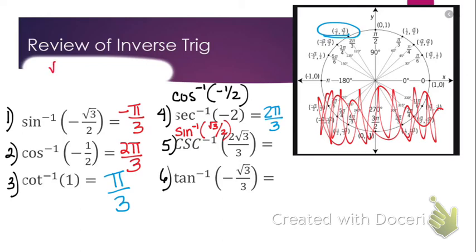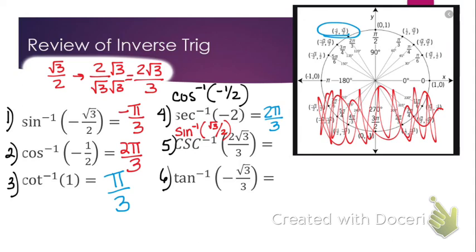If you have positive square root of 3 over 2, and then I flip that and rationalize it, that's where you get 2 root 3 over 3. So 2 root 3 over 3 is the reciprocal of the square root of 3 over 2. So if cosecant is 2 root 3 over 3, then that means sine is positive square root of 3 over 2.